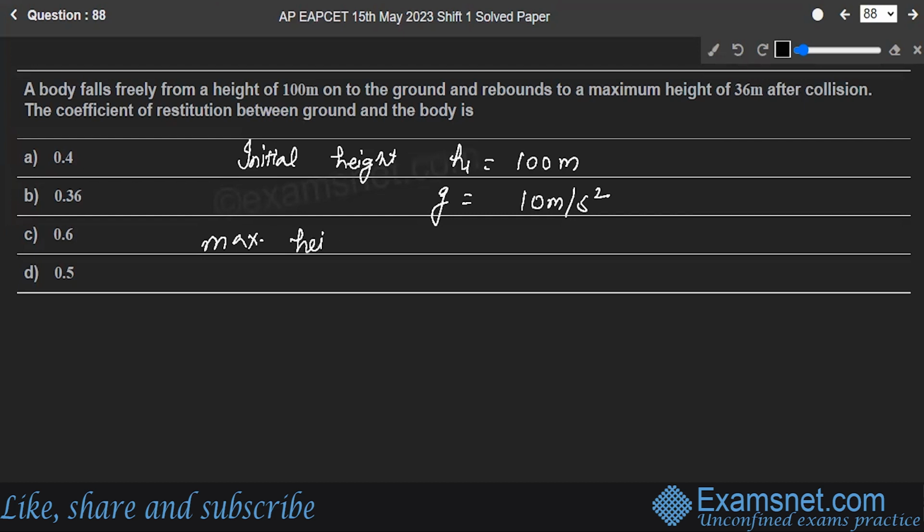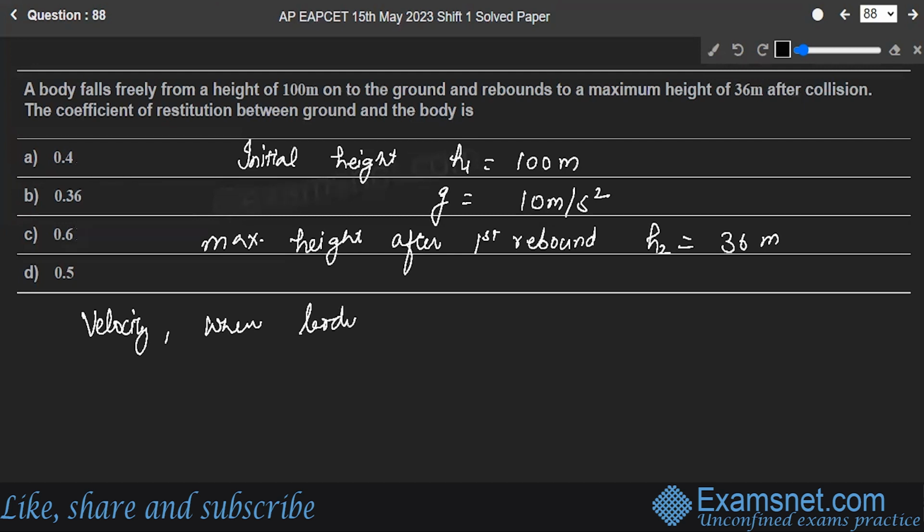Maximum height after first rebound is 36 meters. When a body falls freely as given in the question, the velocity is v equal to root 2gh.